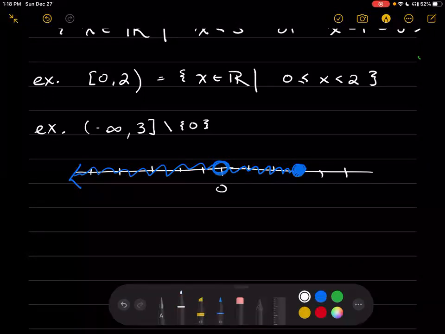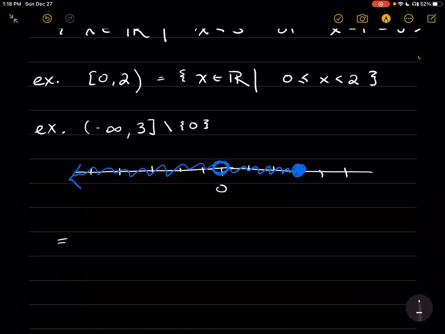If we wanted to write this in set builder notation, we'll do our usual x in R such that, and so what I'm going to do is x less than or equal to 3, and then I'm just going to put a comma. You can also write "and x is not 0."